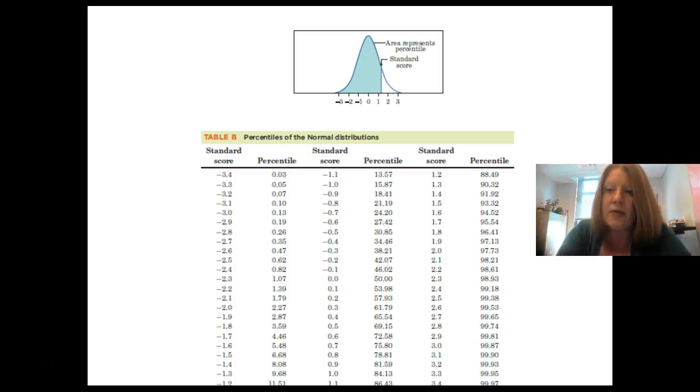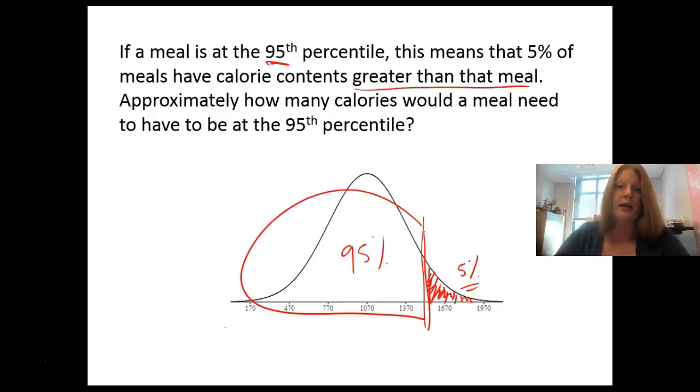We have 94.52 here. We have 95.54. I would say take either of those. I prefer taking the one that's a little bit closer. So 94.52 is a little bit closer to 95 than 95.54, so I'm going to take 1.6 as my z-value.